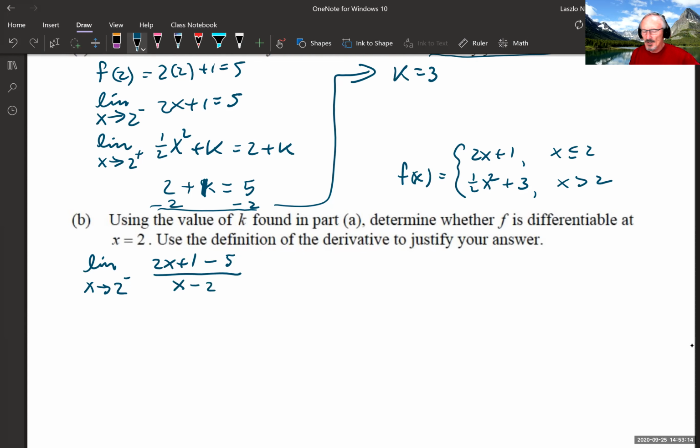Okay, and if you're a little fuzzy about this limit definition that you're using, our textbook identifies that as the alternative form of the definition of the derivative. So f prime of a, where a is the value of x where we're trying to find the derivative, is equal to the limit as x approaches a of f of x minus f of a, over x minus a.